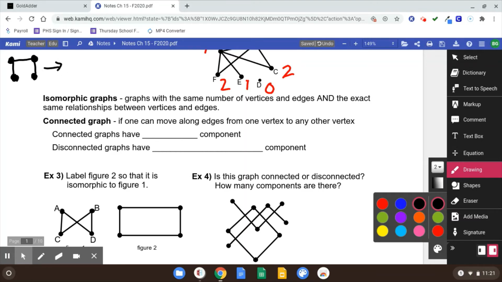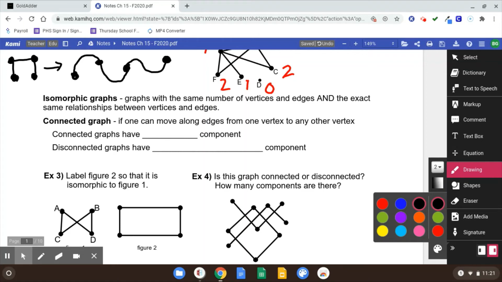I could draw something like this, and that would be the same exact thing. I've still got 4 dots connected by 3 edges. So don't think about it as having to be rigid or stuck in one place. You can move it. That's what I'm talking about when I'm talking about isomorphic graphs.